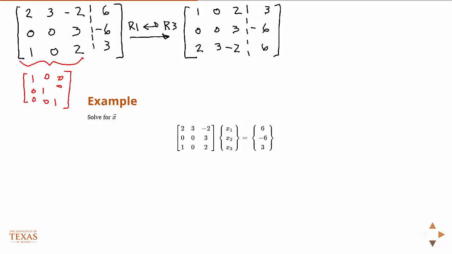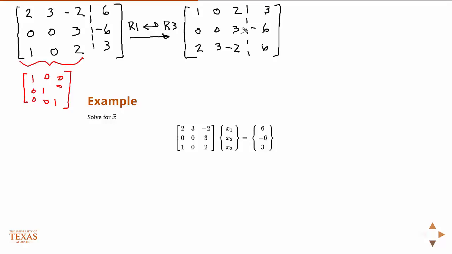Another thing you can notice: I said I can multiply a row by a scalar and it doesn't change the solution. So if I multiply the second row by 1/3, then this becomes a 1, right? And then I have a 1 near the diagonal.